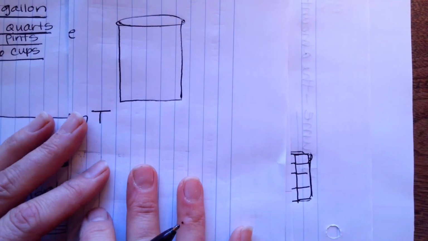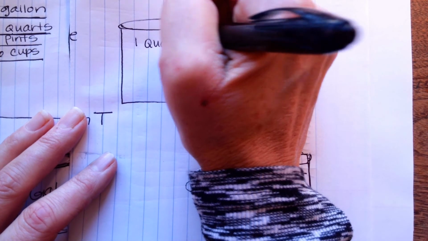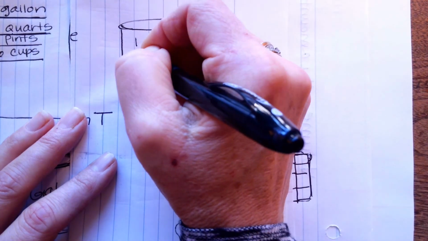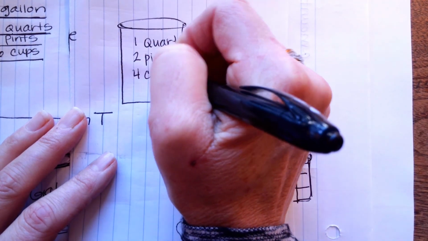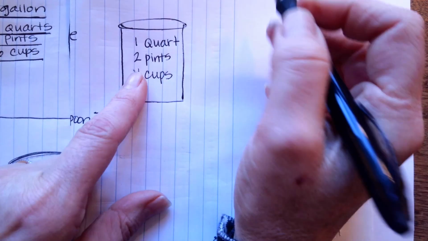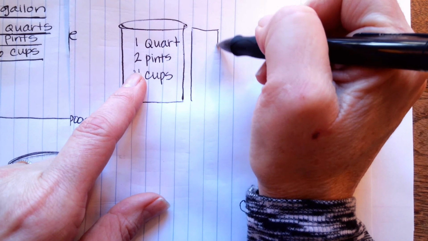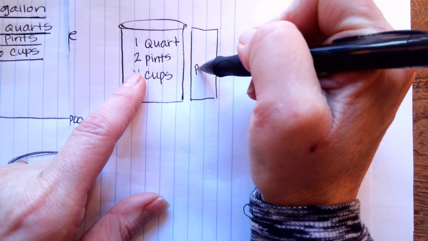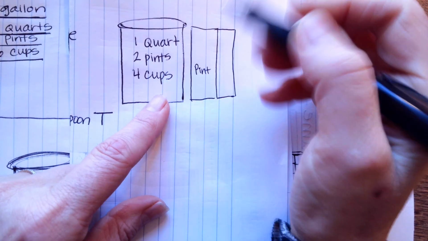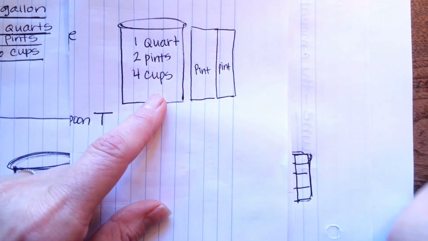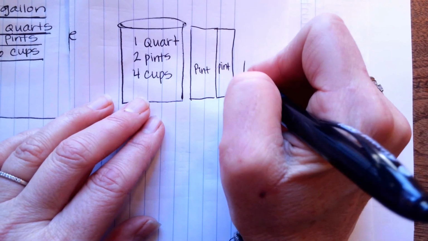Now you're going to make a smaller one that is a quart, 1 quart, and that equals 2 pints or 4 cups. So you can have 1 quart, and in that you would have 2 pints. The smaller container, this would be a pint, and this would be a pint, and it would fit inside of this 1 quart. And then this would also be 4 cups.